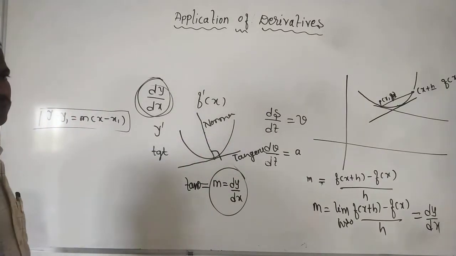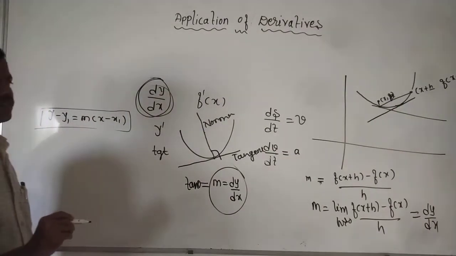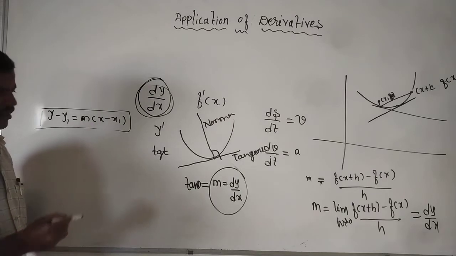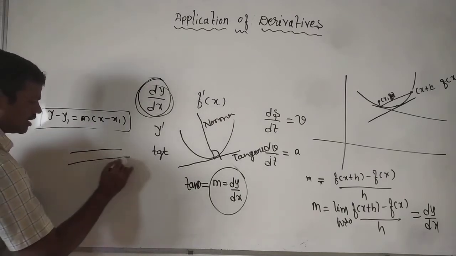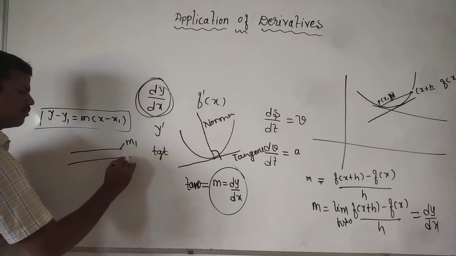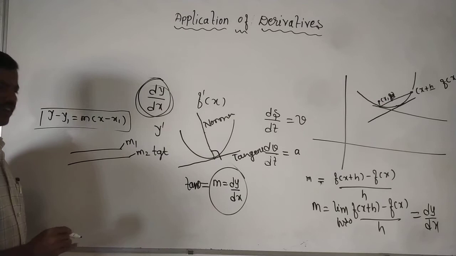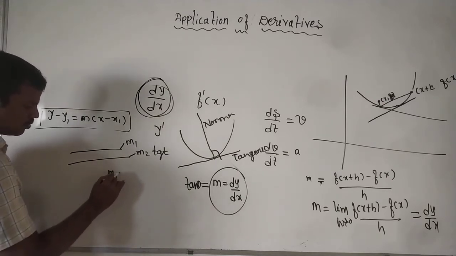Here you have to know about the conditions of the lines. When we say two lines are parallel, suppose the slope of the first line is m1 and the slope of the second line is m2. We say they are parallel when m1 equal to m2.